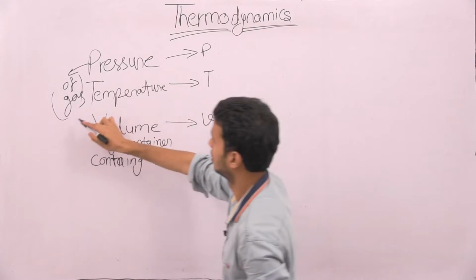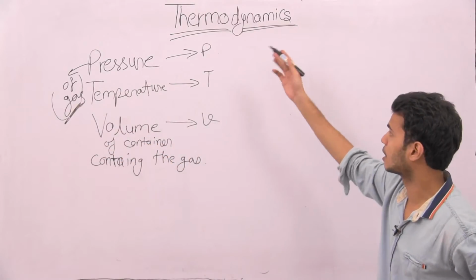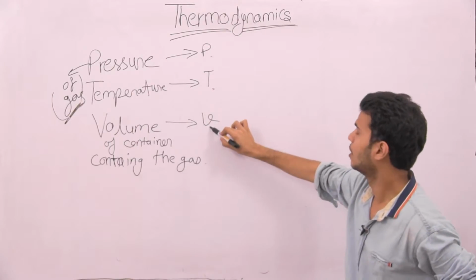So we use three variables in thermodynamics: pressure, temperature and volume.